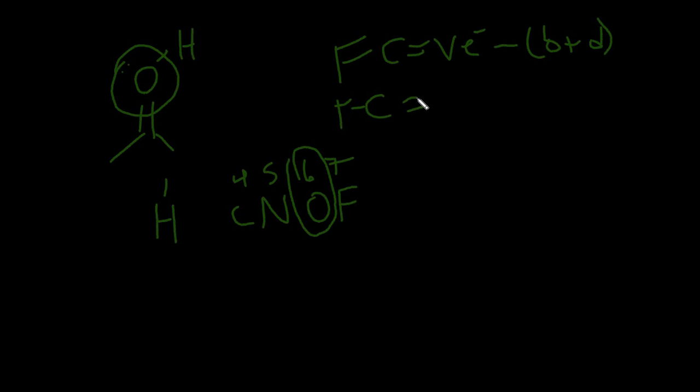So formal charge equals 6 minus how many bonds? We have 1, 2, 3. We have 3 plus dots. We have 2 small ones here. That's 2. 6 minus 5 equals 1. So the formal charge of this oxygen is plus 1. Very straightforward.